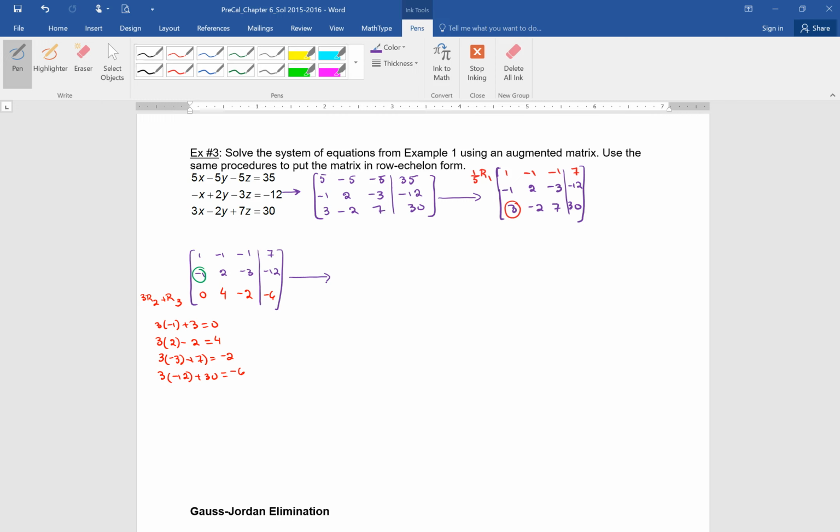Well, if I multiply this by 3, what do I get? And if I add it to this, what do I get? 0. So I'm going to do that to everything though. 3 times this plus this, 3 times this plus this, 3 times this plus this. So you want to just get 0. All right, so now row 2 is going to change, so I just copy everything else.